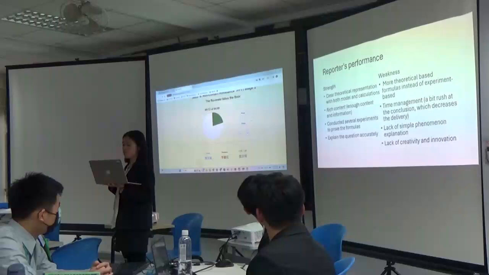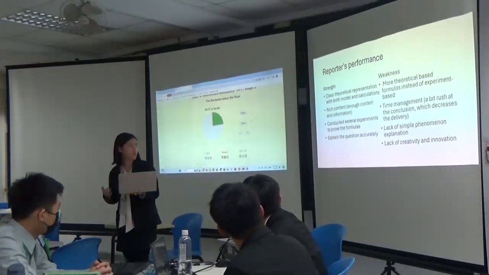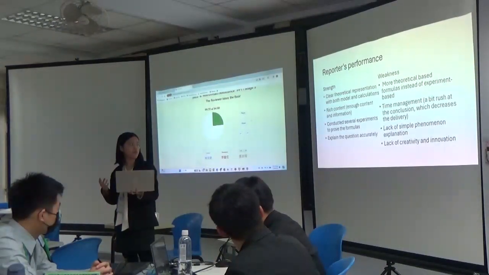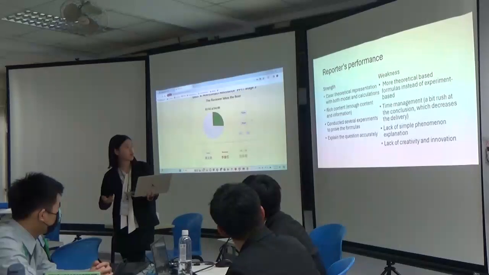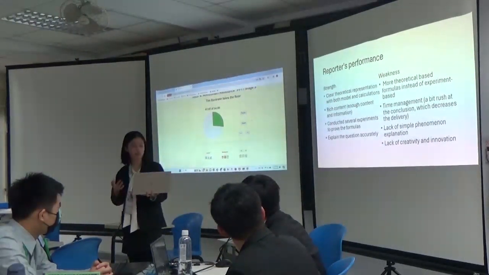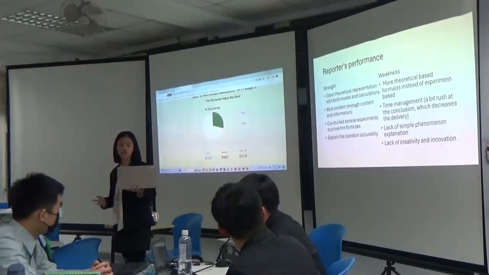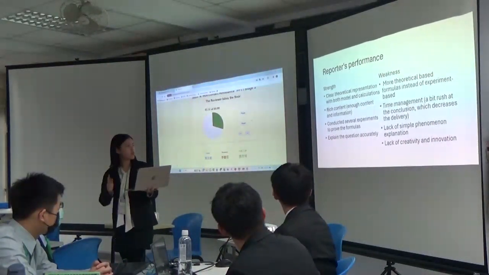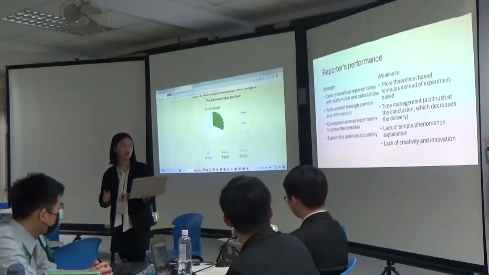However, there are more theory-based formulas instead of experiment-based, and the time management is not good because it was a bit rushed at the conclusion, which decreases the delivery of the presentation. In addition, he lacks simple phenomenon explanation and lacks creativity and innovation.